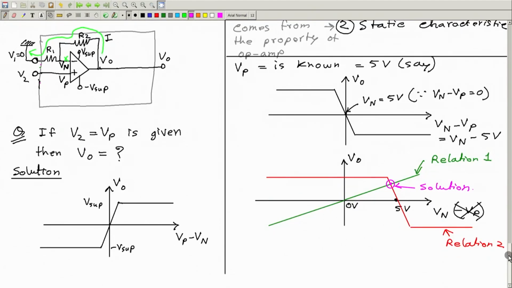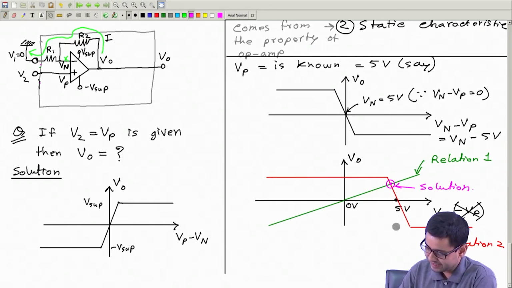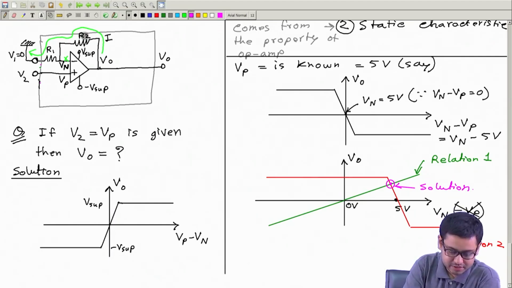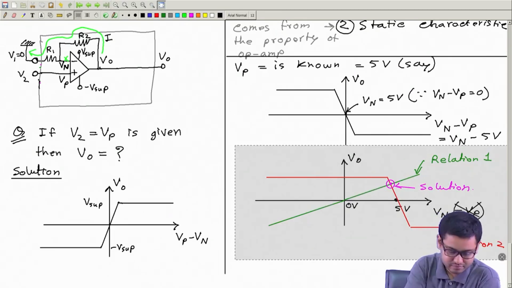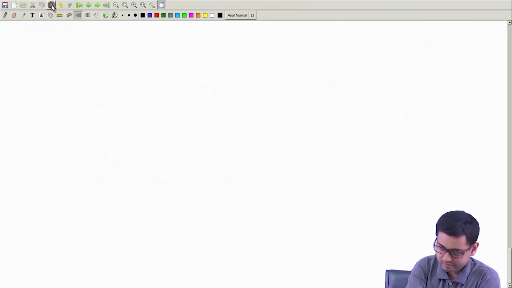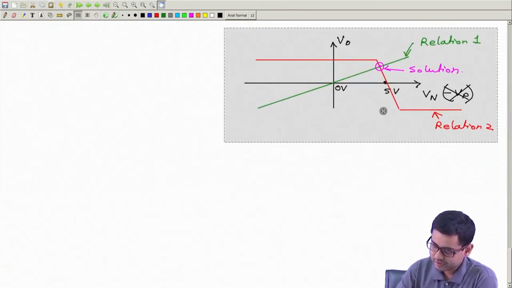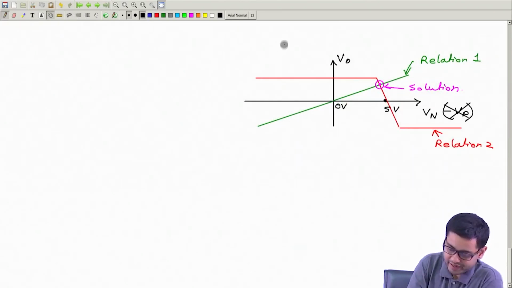Now for an ideal op amp, we know that this static characteristic is very sharp, very vertical at this region or here. The resolution is very small, so the slope is very high, almost vertical. So now let me modify this for an ideal op amp.